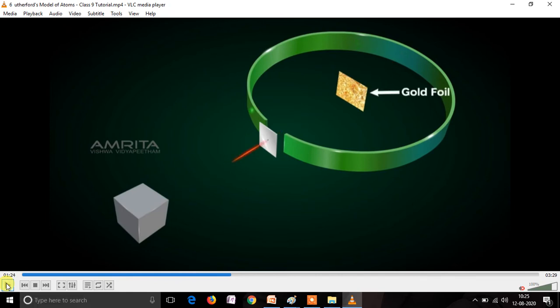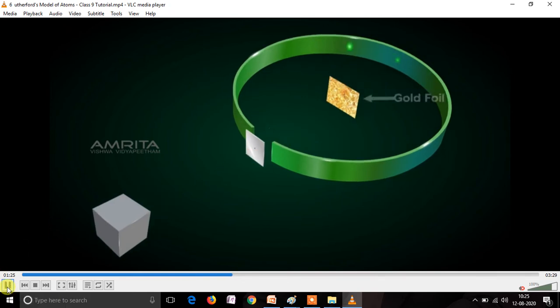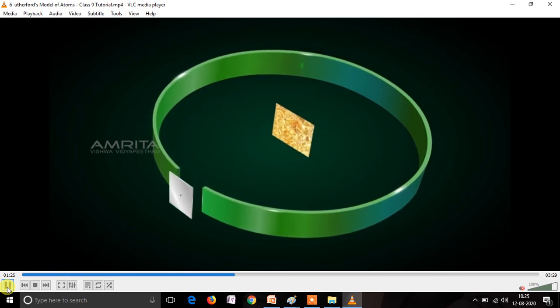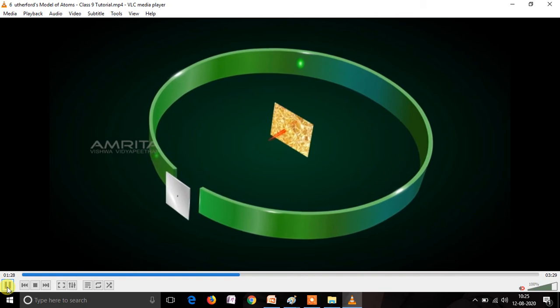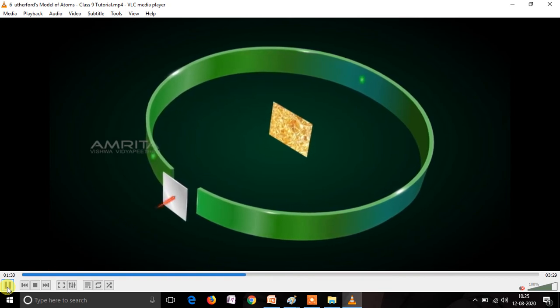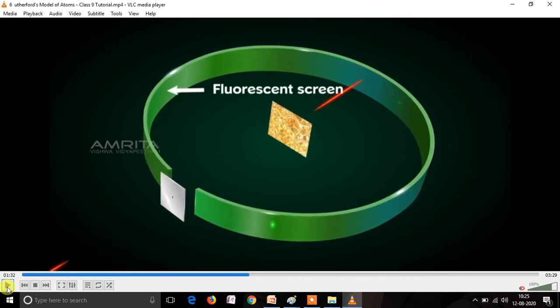You can see that alpha particles pass through the gold foil, and some of them move straight, and some don't move straight and bend from their initial path and strike the fluorescent zinc sulfide screen.